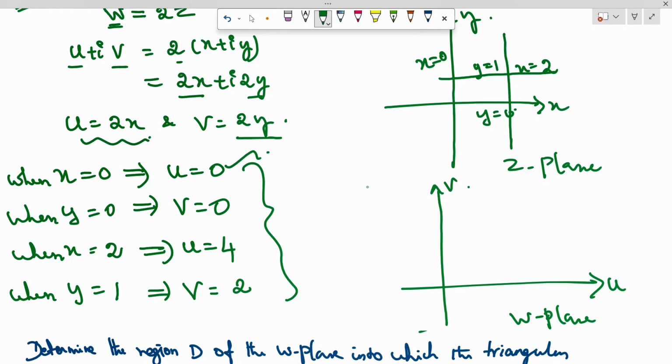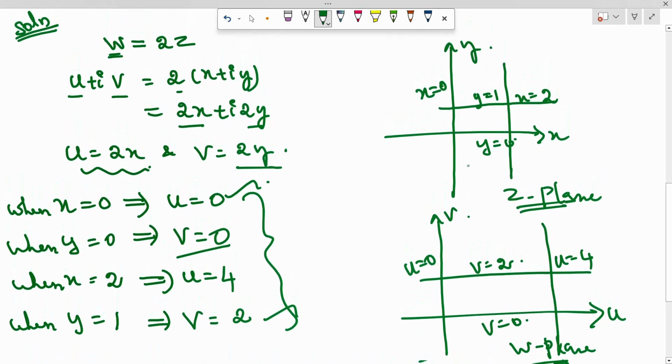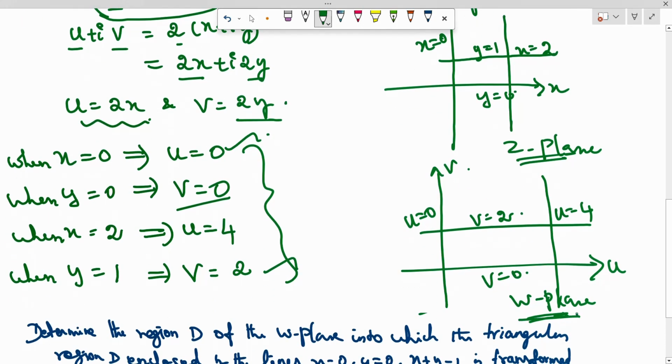Now mark one by one here. u = 0 on the v-axis and v = 0 on the u-axis. u = 4, straight line parallel to the v-axis, which is here. v = 2, straight line parallel to the u-axis, mark here. Okay, this is our w-plane image. This is the z-plane image, the given values image. Using this transformation, we are getting this w-plane image.